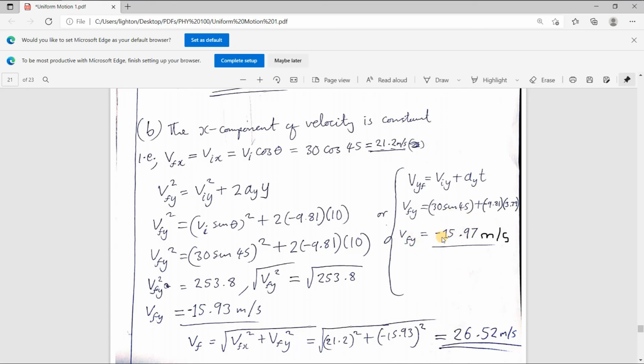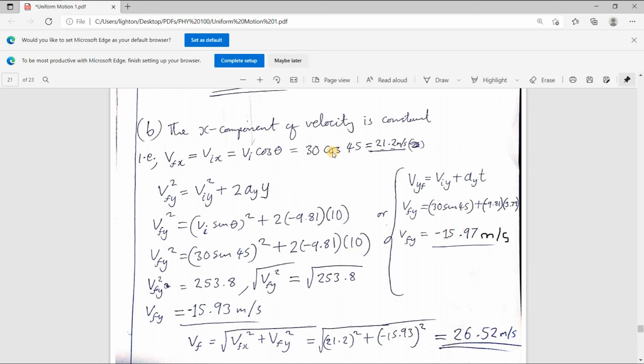Now this negative is just showing that the y component of velocity is pointing downwards. Or rather the final y component of velocity is just pointing downwards.